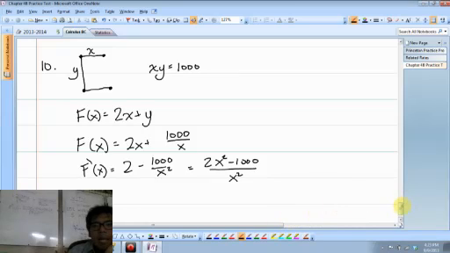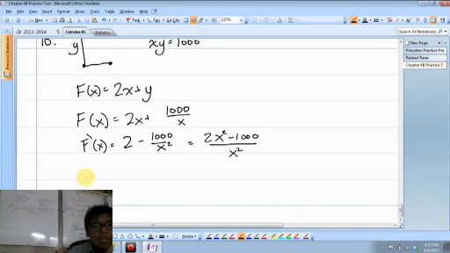Okay, we want to minimize, so it would be nice if we had a domain for x. Unfortunately, that's not really going to happen. So we're just going to hope we have a relative minimum. Let's see. We need critical numbers.